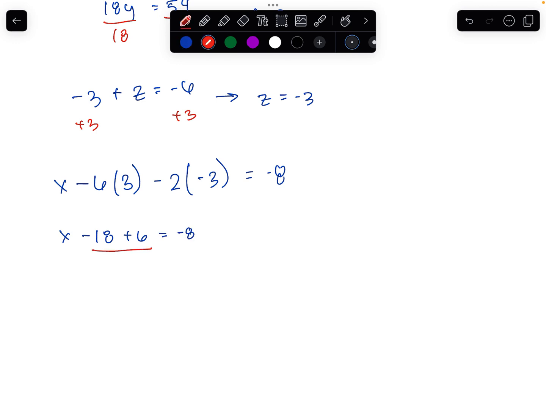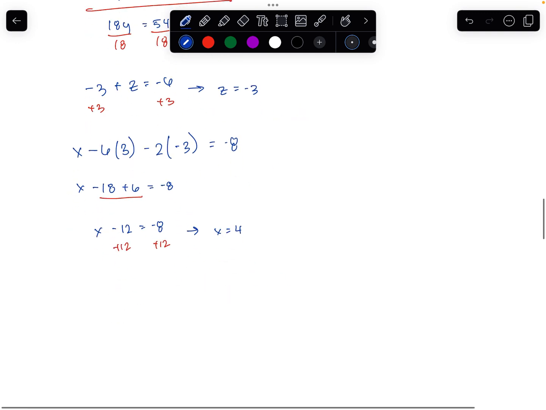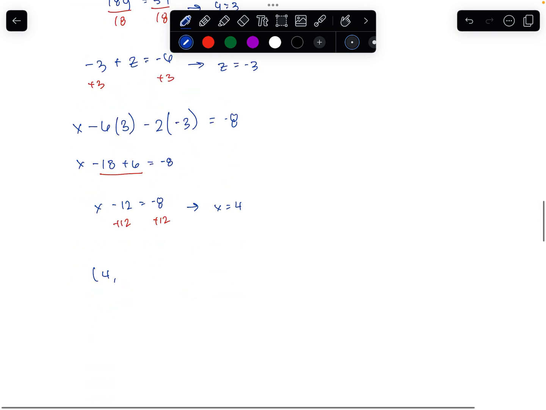These can combine to be negative 12. I can add 12. And I'll get x is equal to 4. So my solution is 4, what was y? 3, and z is negative 3.